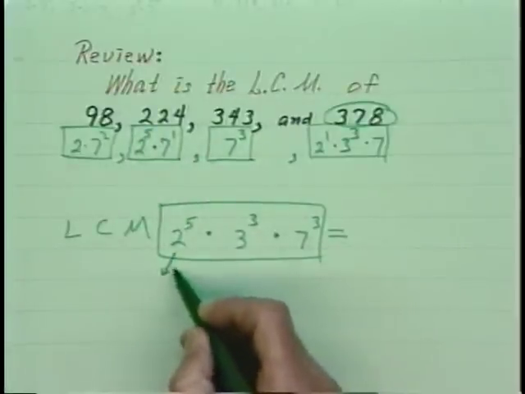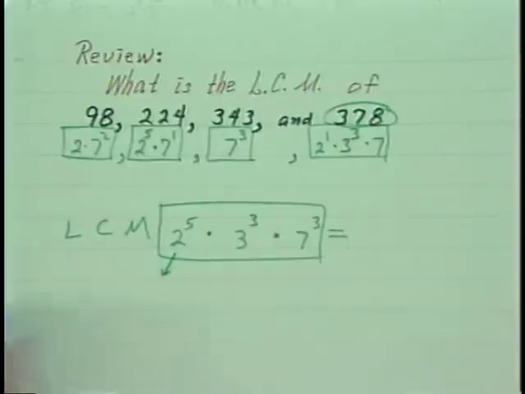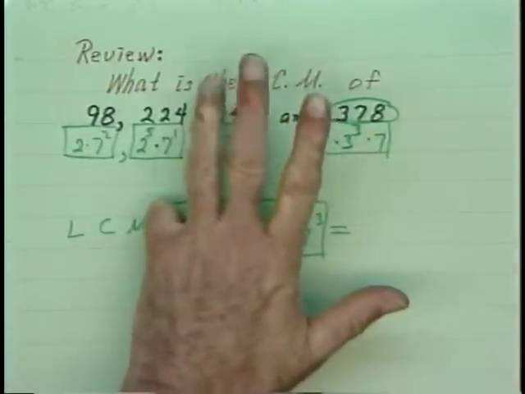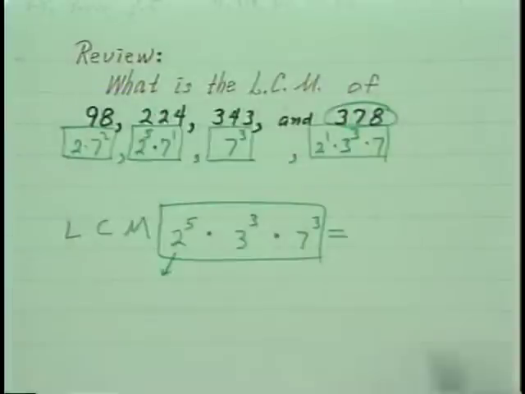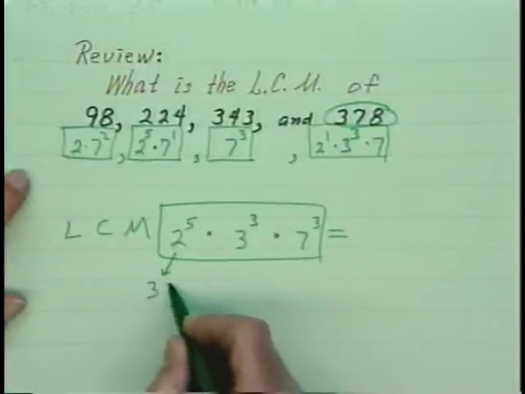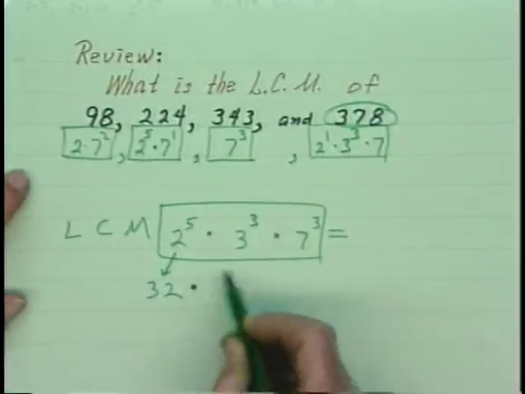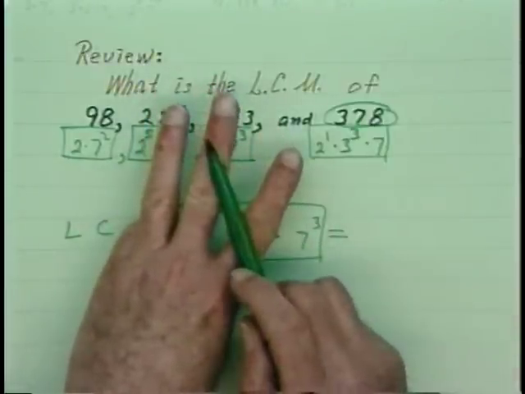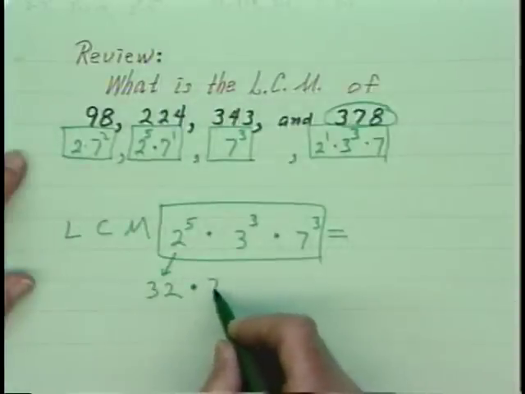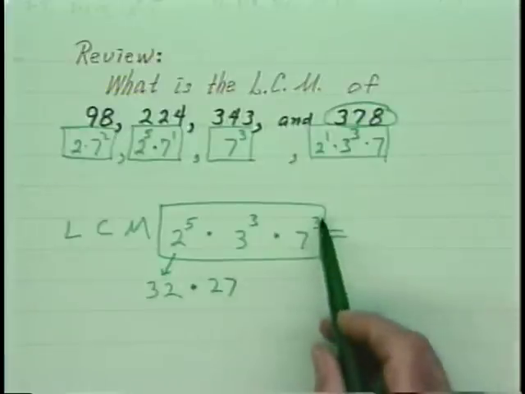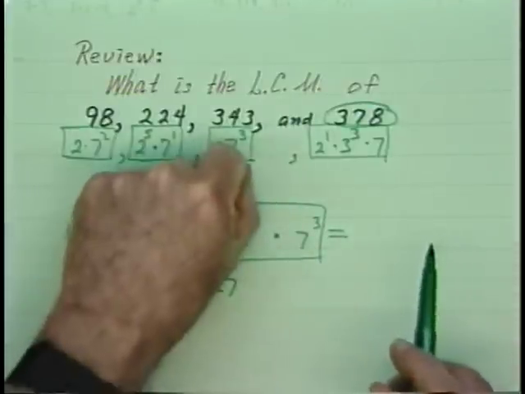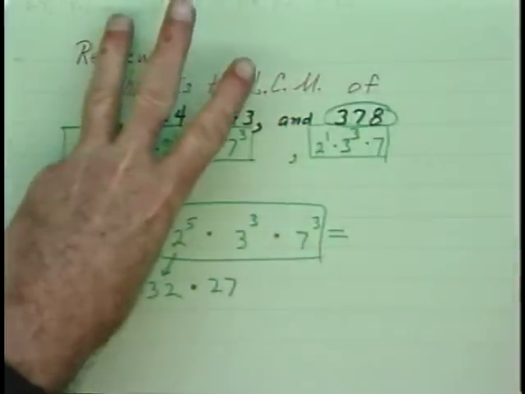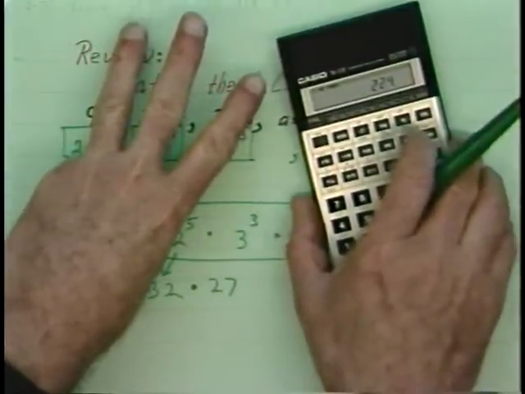So let's see what this is. This is 5 2's being multiplied. So 2 times 2 is 4, times 2 is 8, times 2 is 16, times 2 is 32. This number is 3 3's being multiplied, so 3 times 3 is 9, times 3 is 27. This is 3 7's being multiplied, so 7 times 7 is 49, times 7, either by hand or by calculator.